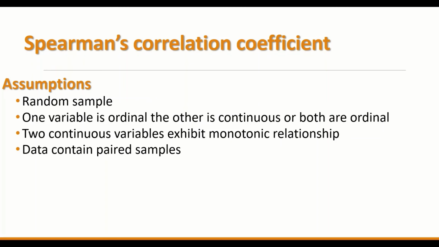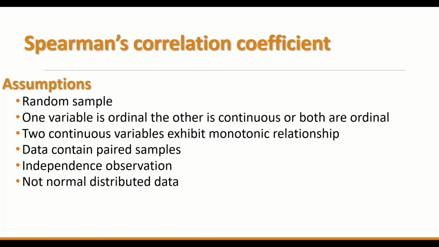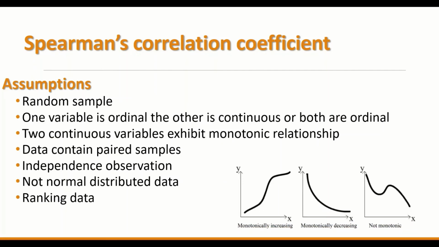The data contains paired samples, independence of observation, data are not normally distributed, and ranked data. So the test is used for non-linear relationships, i.e. monotonic relationship between two variables. And it is a non-parametric test for the data that are not normally distributed or ranked or ordinal.